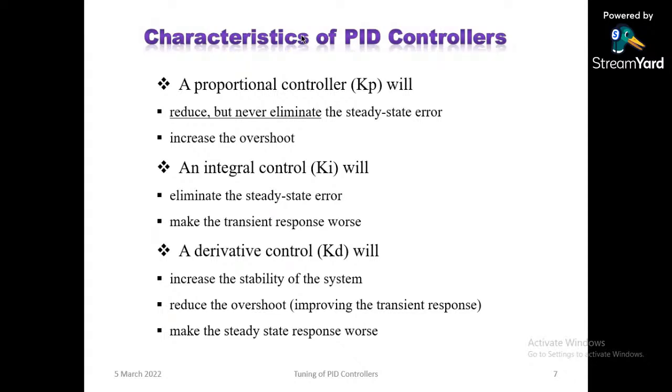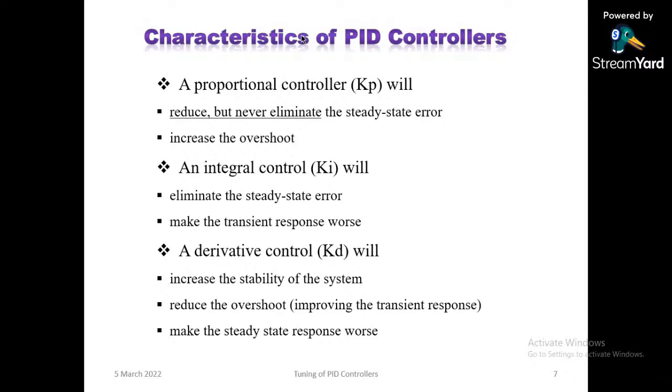Getting me? It will reduce from 0.5 to 0.1. It will not make it to zero. There will be a certain steady state error. Okay? Next, it will increase the overshoot. It will reduce the error, but it will increase the overshoot. You can see, on one side it is good, on the other side it is bad. Advantages and disadvantages.